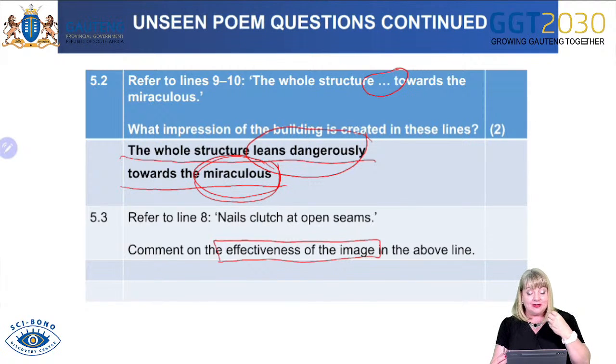So, the effectiveness is that it emphasizes this idea that the building is very wobbly and skew and possibly dangerous and unpredictable and not safe, because the seam of the building, anywhere where 2 parts of the building are going to join, any 2 walls or the wall and the floor, those seams should be neat and straight if you look at any building around you, but these are not, they open.